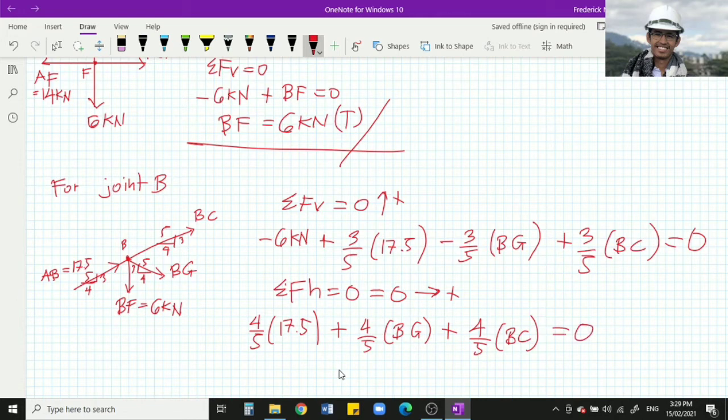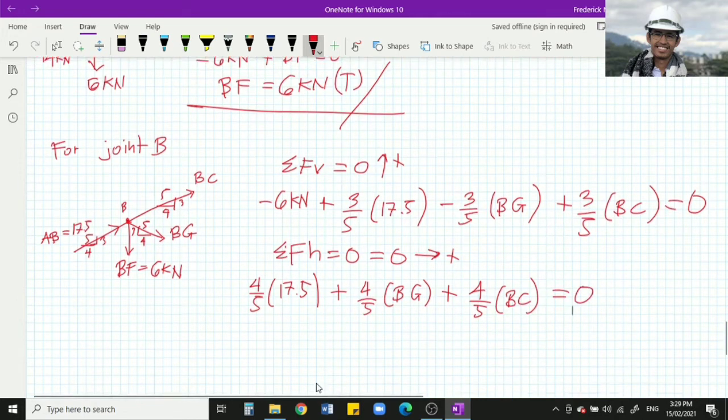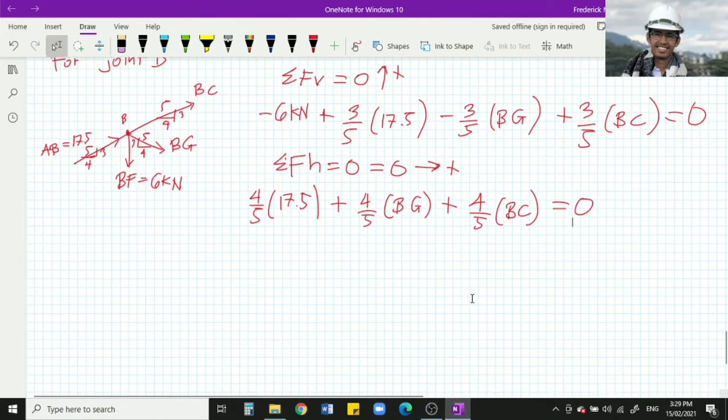Okay? So we have now two equations, two unknowns. So pwede nyo ring pagsabayin na i-solve and makukuha nyo na yung BG and BC. Okay? So you can input it sa ating calculator if you are using 991ES Plus. Okay?